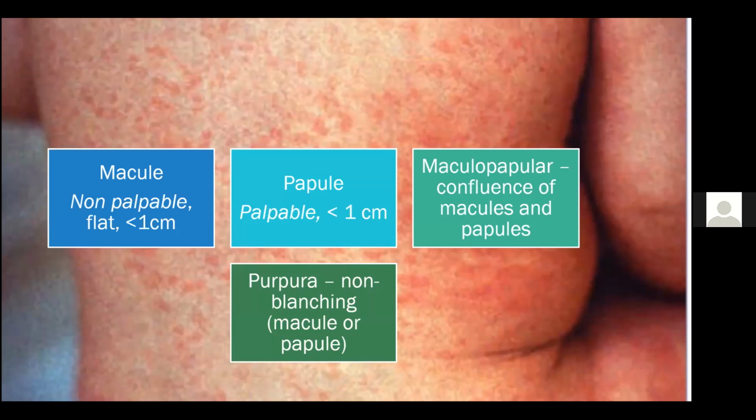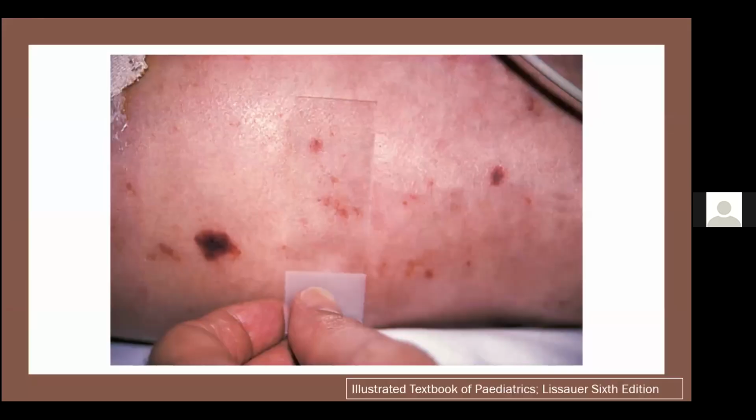In scarlet fever, you can get a rash with multiple small papules that feels like sandpaper, and that is described as scarlatiniform. Maculopapular rashes are usually seen in viral illnesses, but also in drug eruptions and in immune complex mediated disorders. A purpuric lesion is a non-blanching macule or papule.